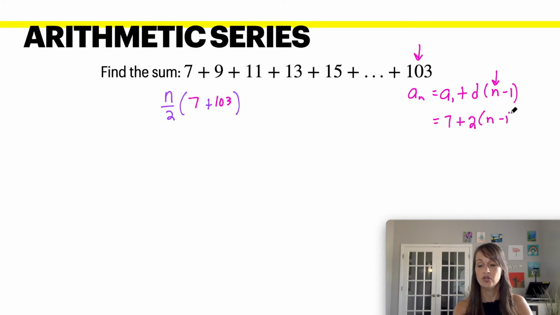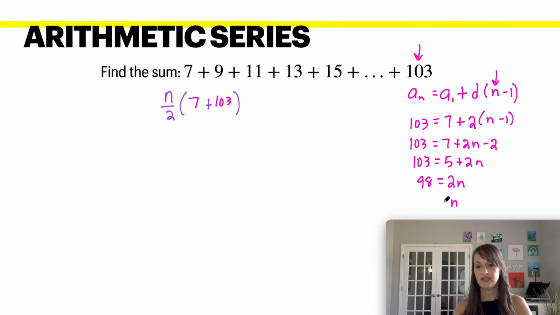And we don't know how many terms it took to get to 103. That's why we plug in 103 here. So we have 103 equals 7 plus 2n minus 2. So we have 103 equals 5 plus 2n. So we are going to subtract 5 and get 98 equals 2n, and n equals 49.